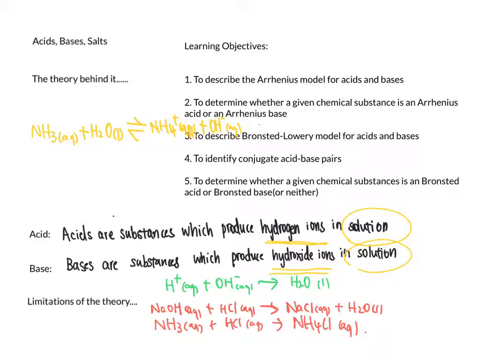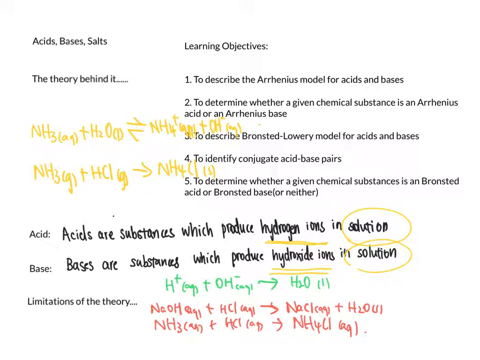This same reaction also appears between ammonia gas and hydrogen chloride gas. And here's the chemical reaction. We have ammonia gas plus HCl gas, and this gives off NH4Cl. In this case, it will be a solid.